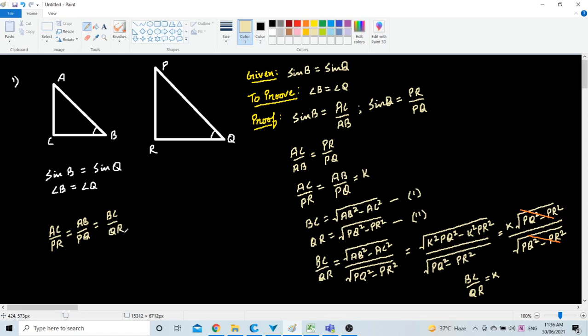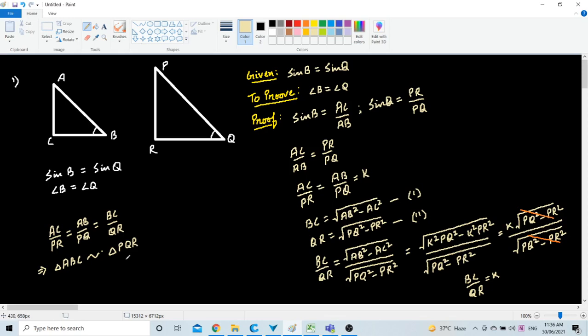Fine. This implies that triangle ABC is similar to triangle PQR.